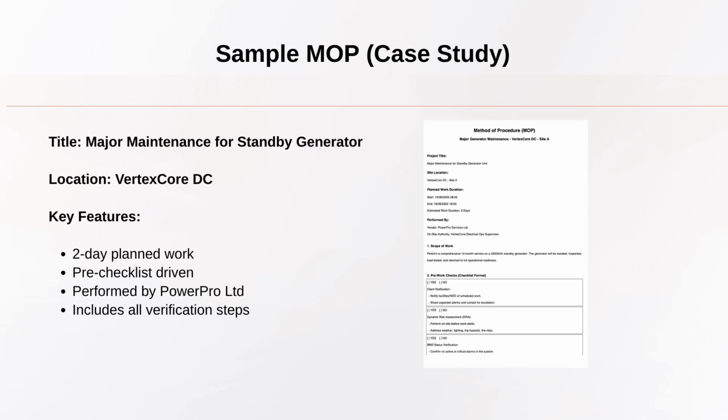The NOC was informed. All safety steps were followed. The team knew what to expect at every stage, and reinstatement was clean and fast. There were no delays, no confusion, no guesswork, and best of all, no incidents. That's exactly what a good MOP is meant to do. It keeps the job on track, keeps people safe, and gives you a clean trail of accountability.